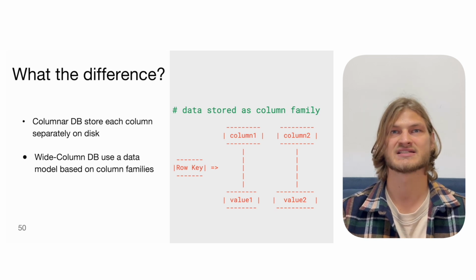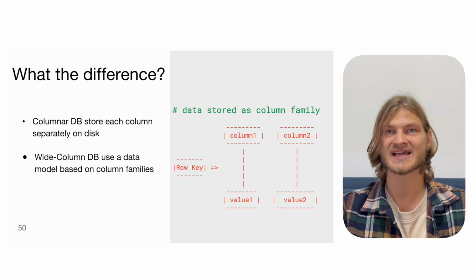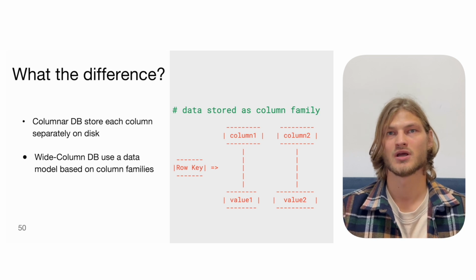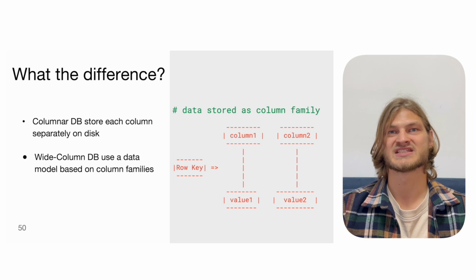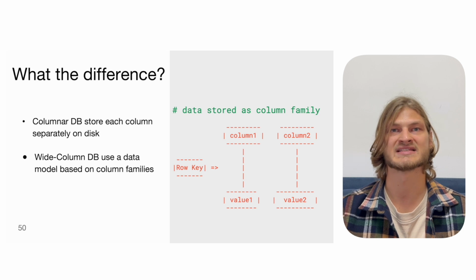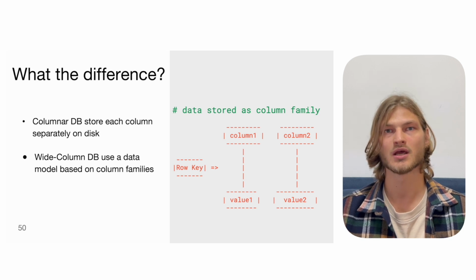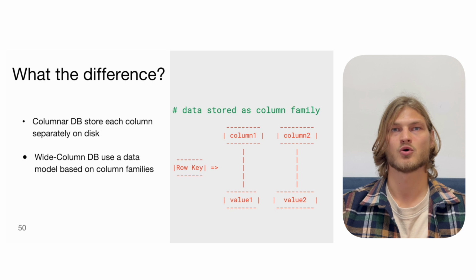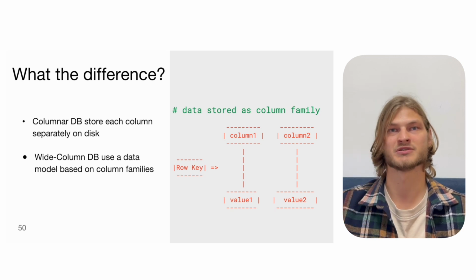So what is a column family? As you can see in the picture, it's an example of a column family. You can see the row key. I think we can speak about the row key as about a partition key. So it's like a primary key in a relational DB, for example.